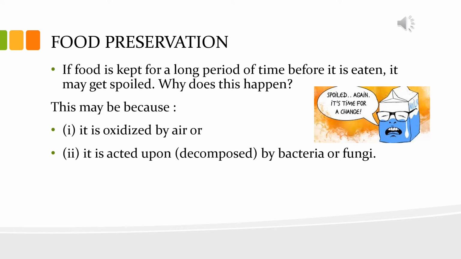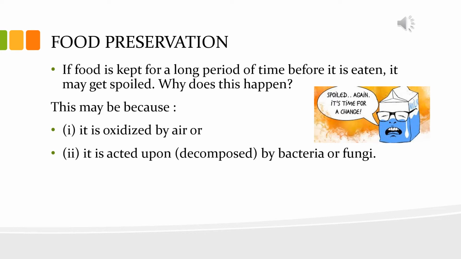If food is kept for a long time out of the refrigerator, or even if you keep it on the kitchen slab after cooking for 2 to 3 or 6 to 8 hours, there are maximum chances that the food is now spoiled. How does it happen?